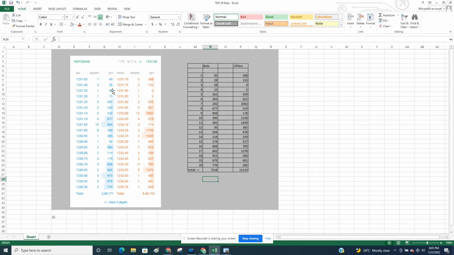Initially we used to see only 5, but now we can see 20. That's a good development for traders, but there are orders beyond 20 too. It may go down to the lower circuit and up to the upper circuit. Here only 7,300 and 11K orders are there when we see the top 20.